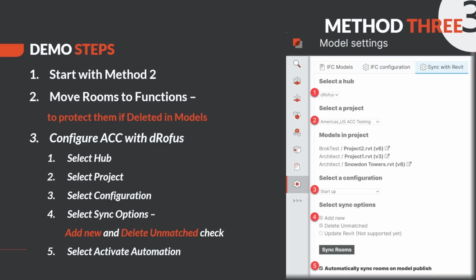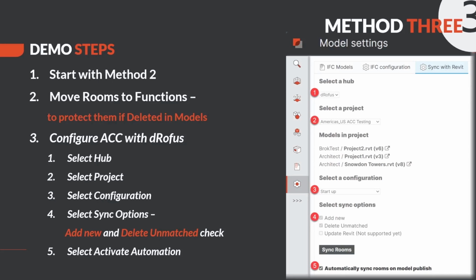So some of the things that you'd want to configure if you want to use all of the features is, one, we will be able to delete rooms that don't have a function. So before you run this synchronization, if there are rooms that you want to protect, just move those to a function using either the web or the desktop application. And then those rooms would be protected from being deleted.